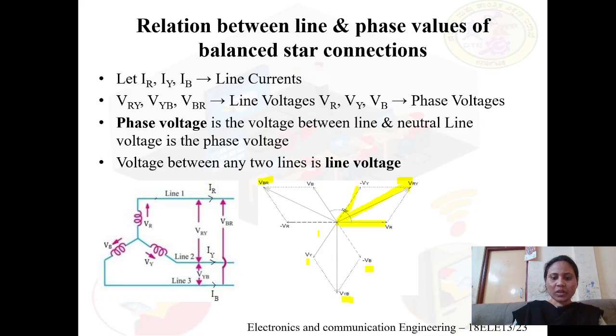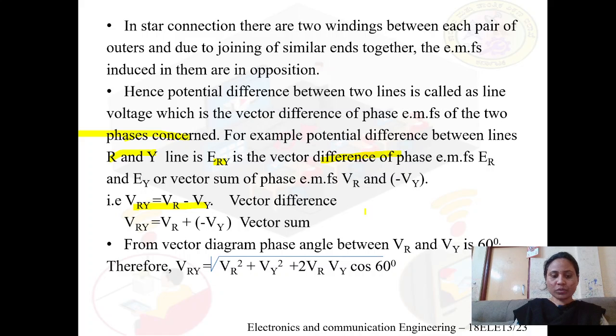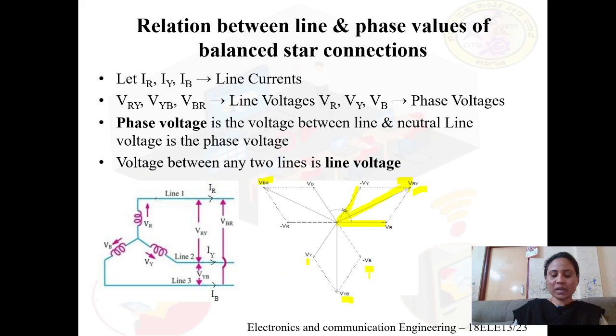Okay, now let us take the line voltage VRY and find the expression. From this parallelogram, what can we write? According to the rules of the parallelogram, we can write the resultant vector VRY as the square root of VR square plus VY square plus 2 VR VY into cos of the phase angle between R and Y. So what is the phase angle between them?